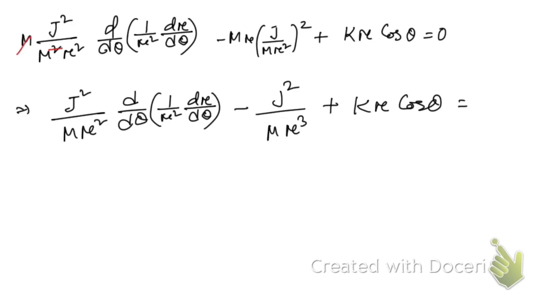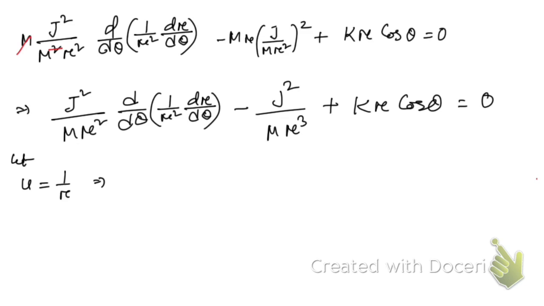So this is the required equation of the orbit, and this equation can also be simplified by considering u is equal to 1 by r. Let u is equal to 1 by r.